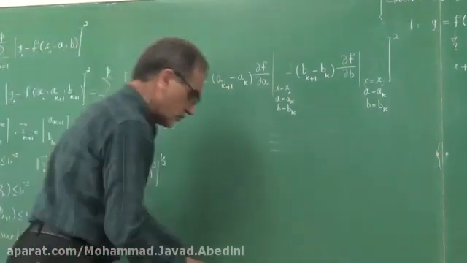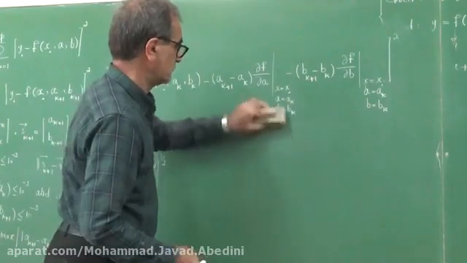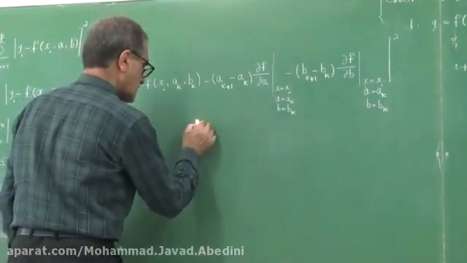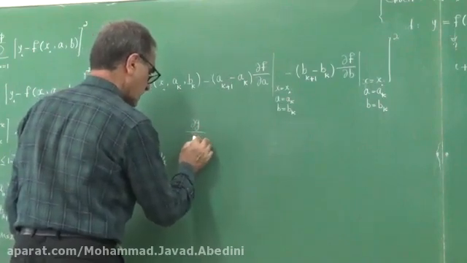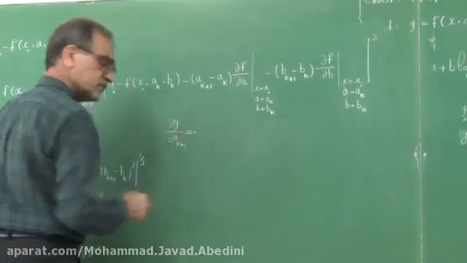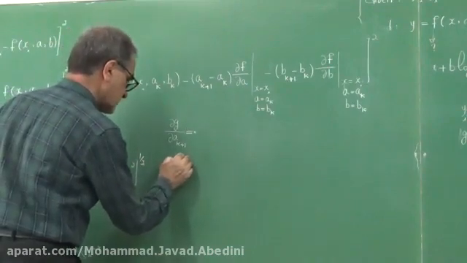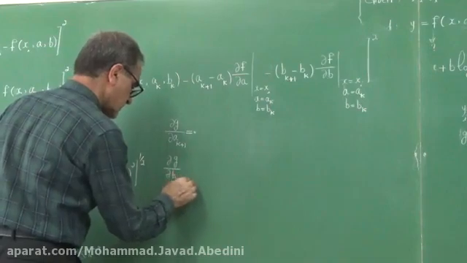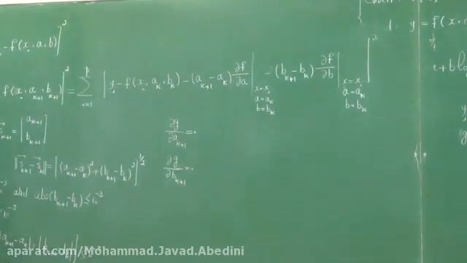Therefore, if you take partial derivative of G with respect to A_{k+1}, put it equal to 0, take partial derivative of G with respect to B_{k+1}, put it equal to 0, you will find the iterative relationship that you are looking for.